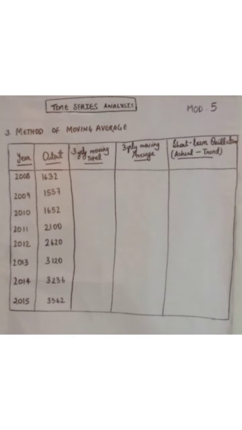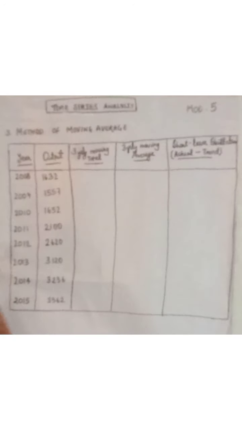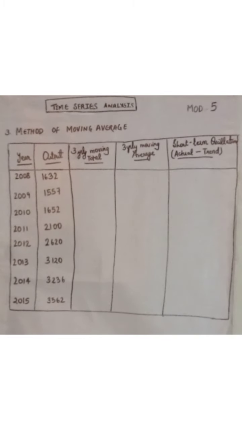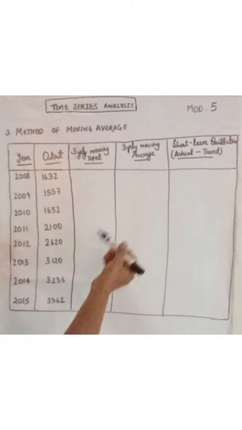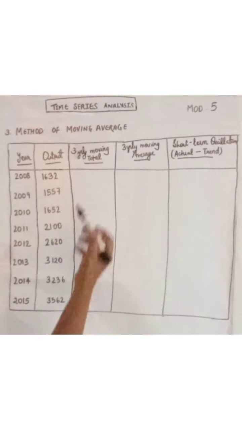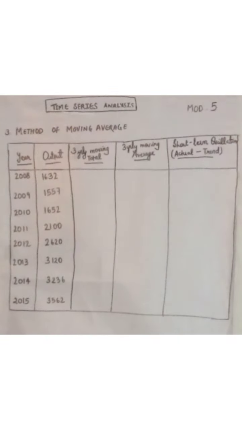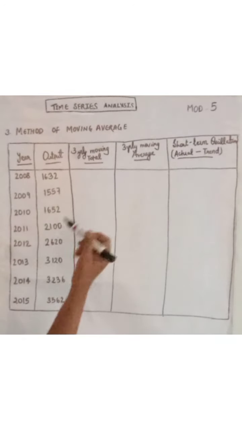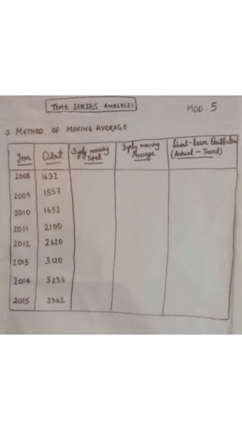So basically to find the average, the first thing is you need to know the total. So we make a new column to find the total. Only if we have the total can we find the average, so we make another new column for average. Then the question also asks for short-term oscillation. Short-term oscillation is the difference, the variation.